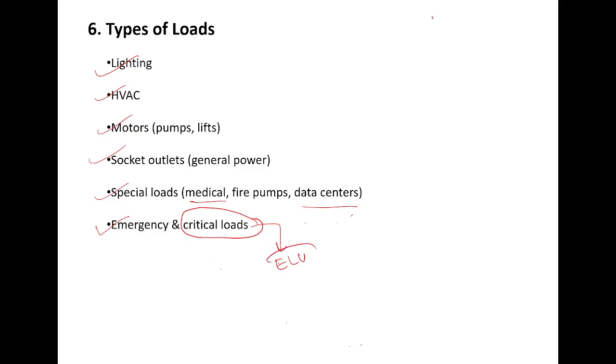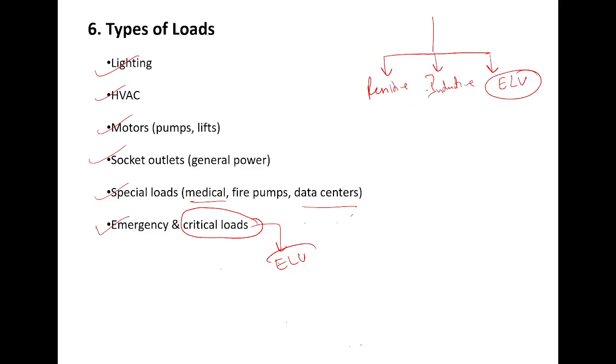But in my experience, I can say that in any building we have only three types of load. One is resistive load, one is inductive load, and another is special load. Special load means you can include your ELV services or critical services.